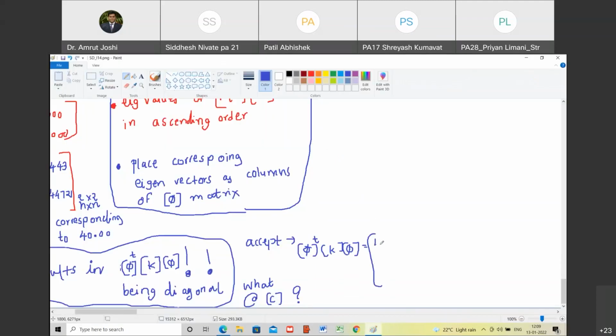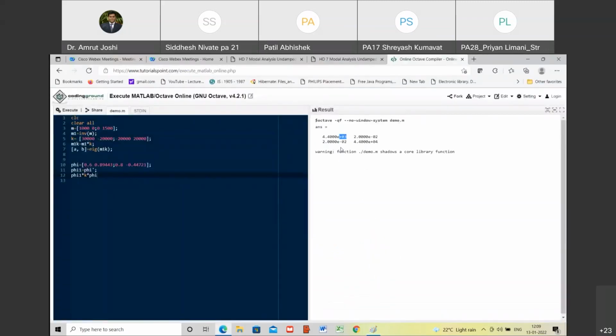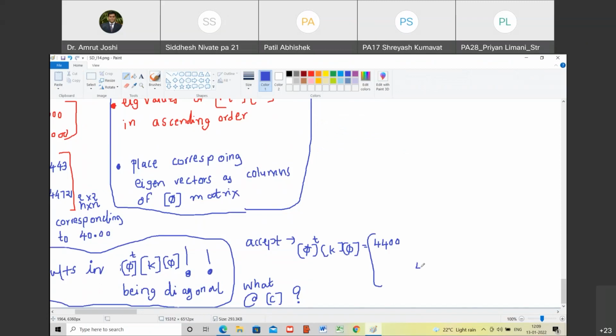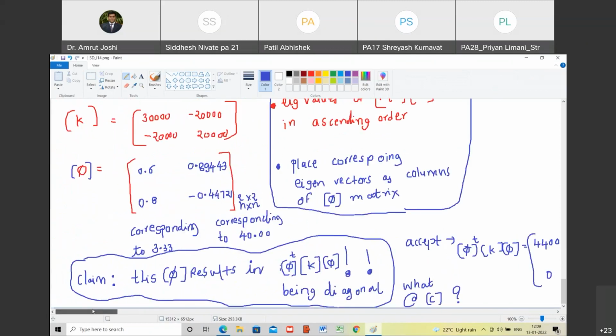So I will write 4400. Are you with me? Yes, sir. And this value is 44000. Happy? Yes, sir. And this value is 0. Happy? Yes, sir.